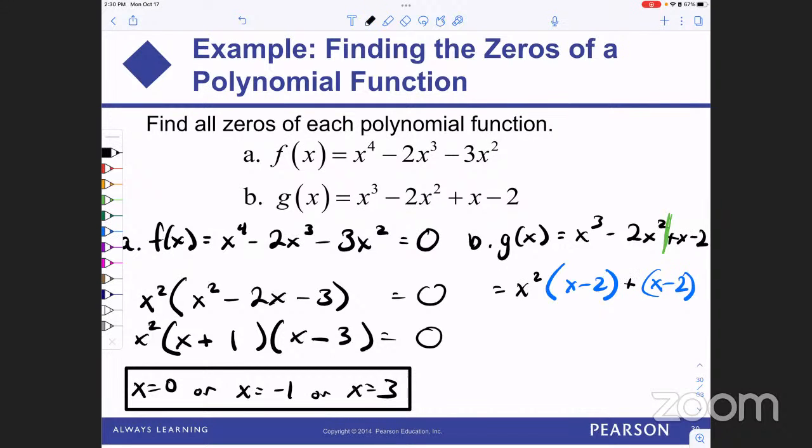Okay. So then we have a left hand plus the right hand side. They both have a common binomial factor. We can factor out the x minus 2. And we're going to be left with x squared plus 1.